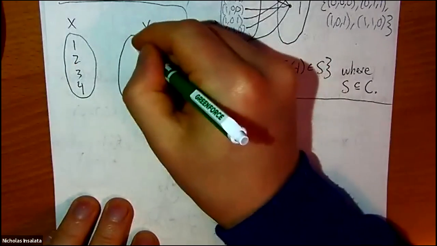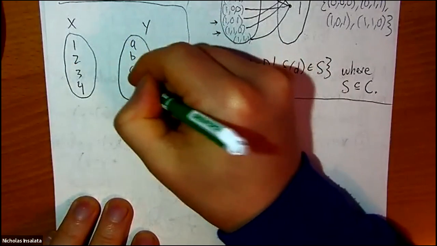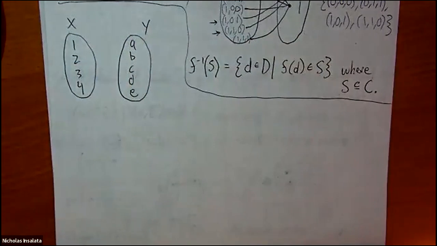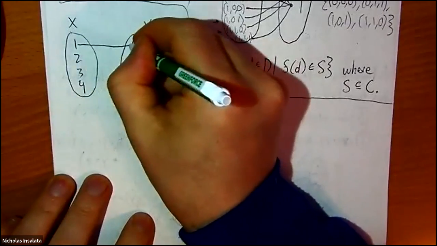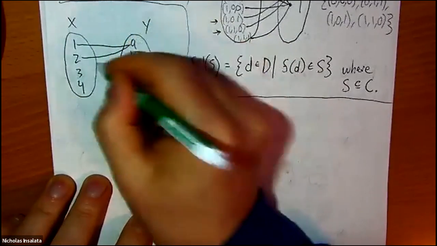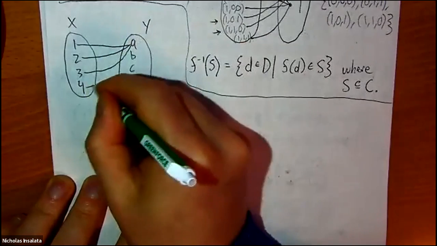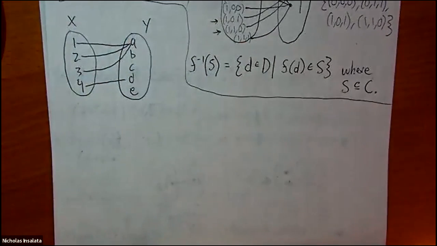Codomain Y, A through E. And we have a mapping list. 1 goes to A, 2 goes to A, 3 goes to A, and 4 goes to D. Okay. And we've got some questions here.